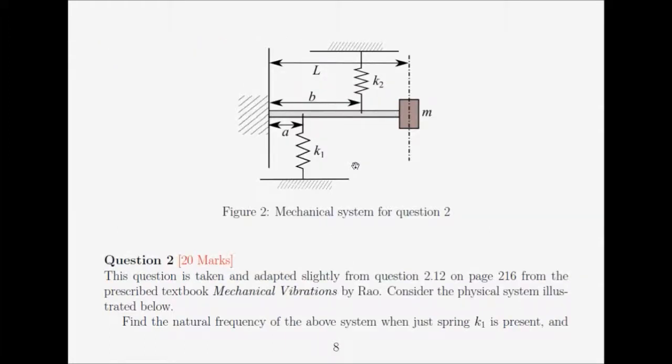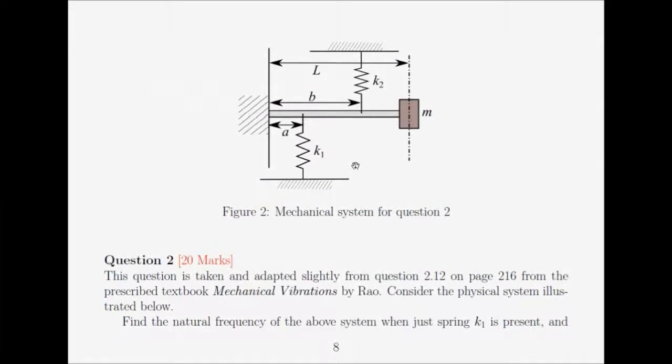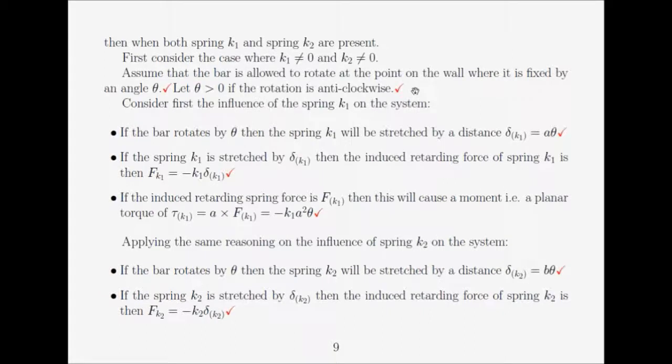Assume the bar is allowed to rotate at the point on the wall by an angle theta, positive in the anti-clockwise direction. Typically x would be positive in the horizontal direction, y would be positive upwards, and theta would be positive anti-clockwise.